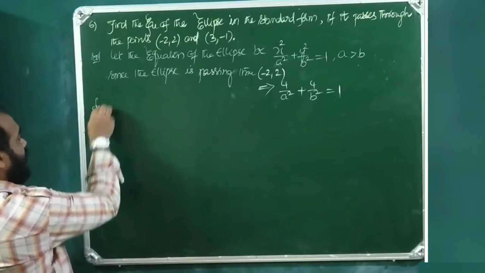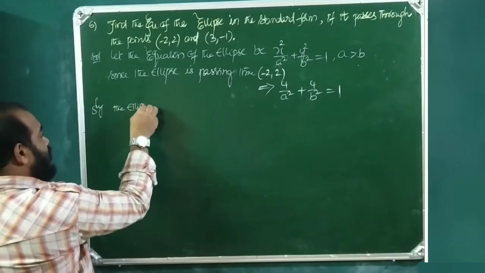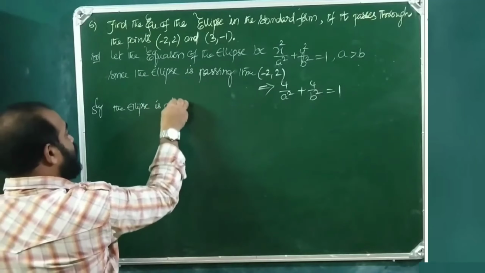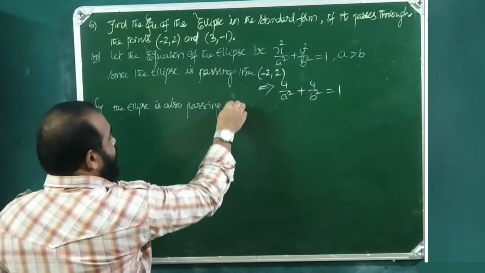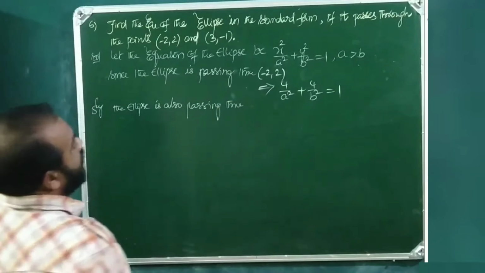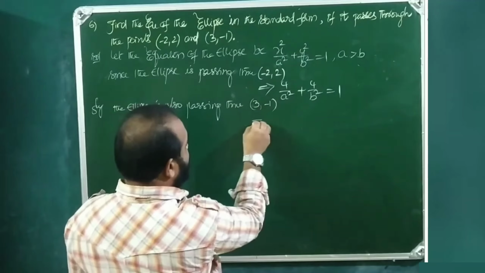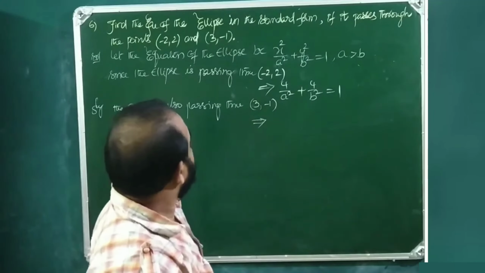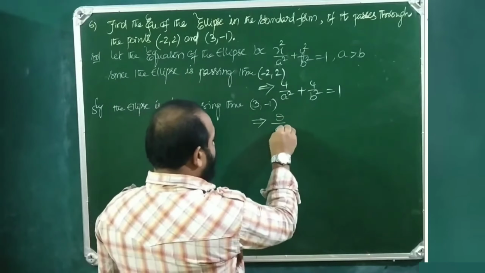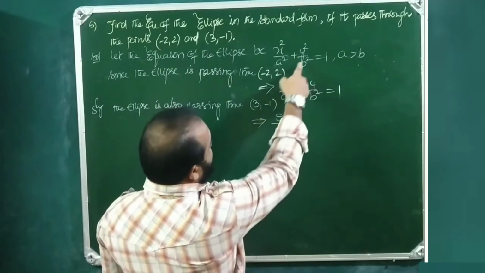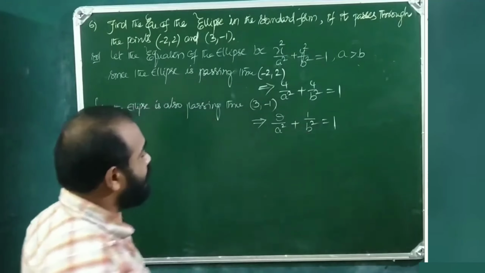Similarly, the ellipse is also passing through 3 comma minus 1. This implies 3 square, 9 by a square plus minus 1 whole square, this 1 by b square equals to 1.